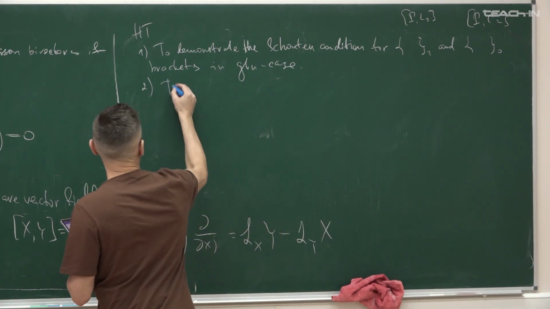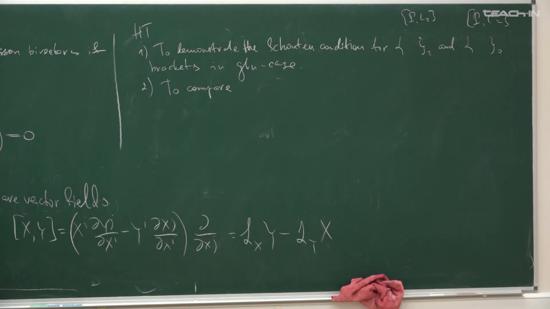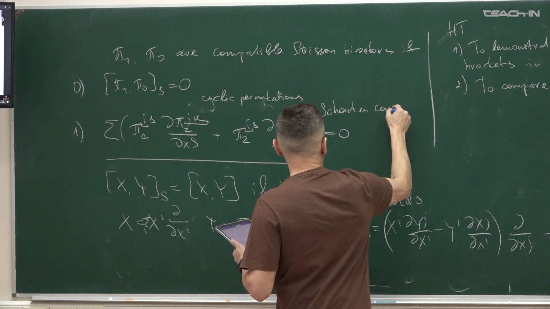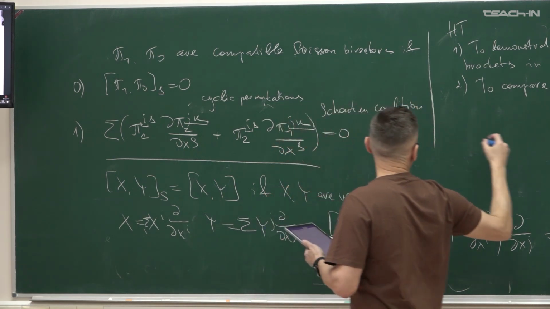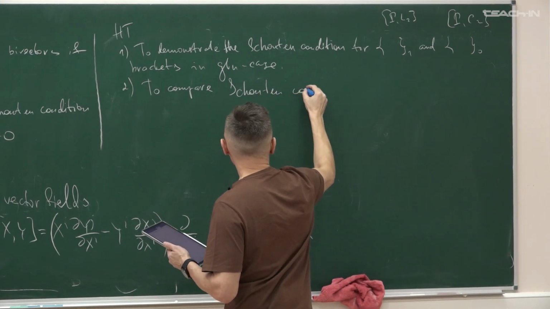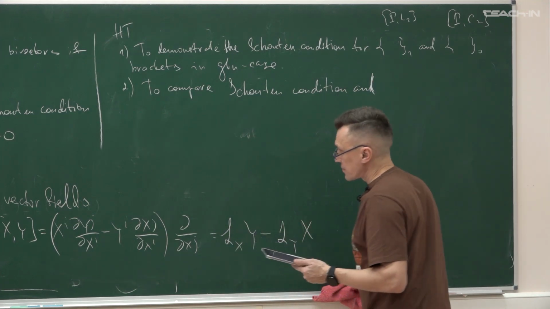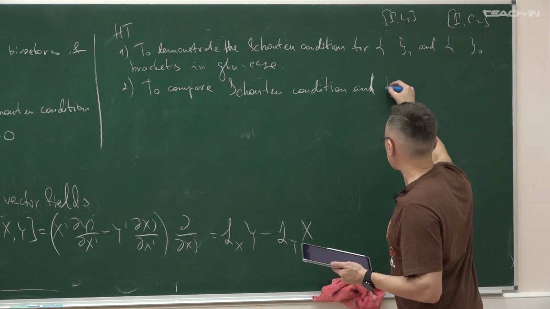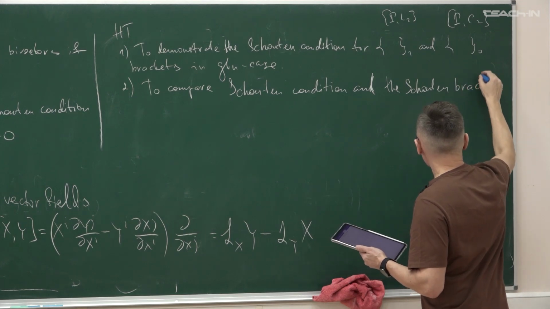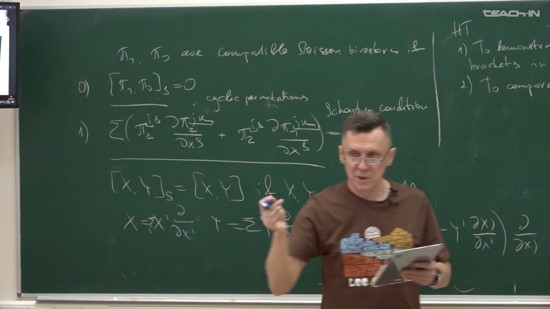So to compare the Schouten condition, this one, and this Schouten bracket. This one. So this is just this Schouten bracket of two bivectors.